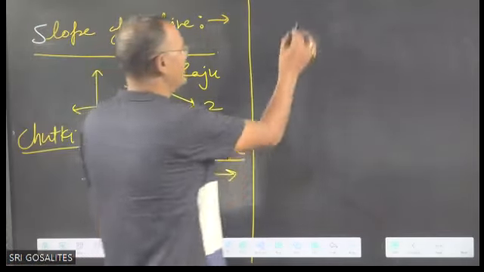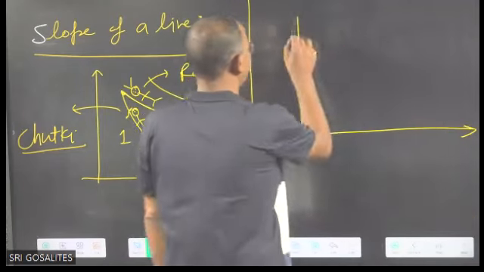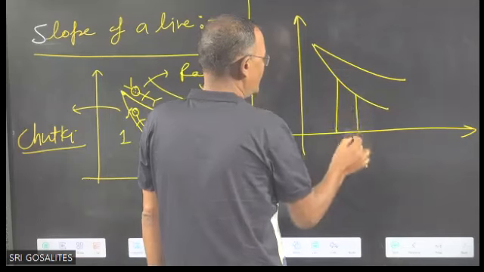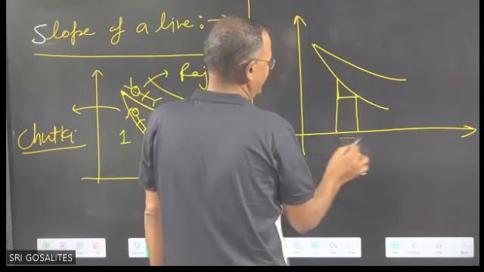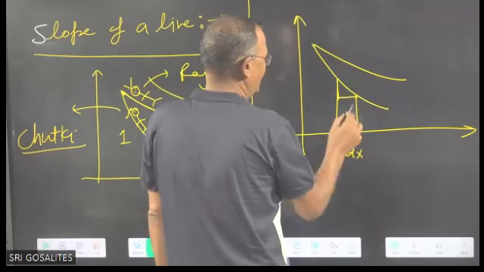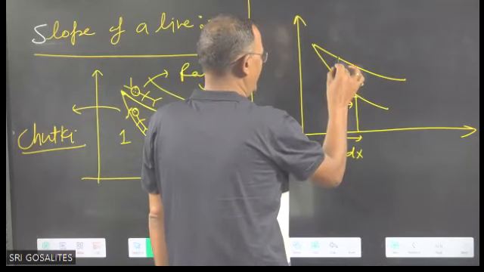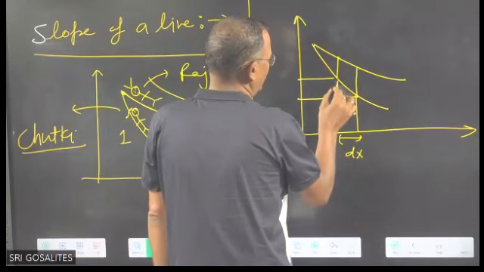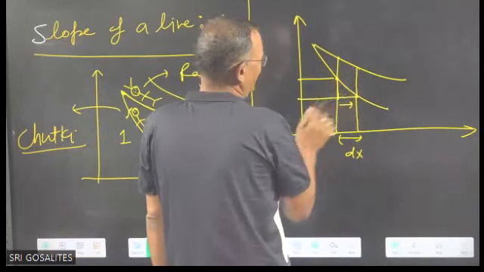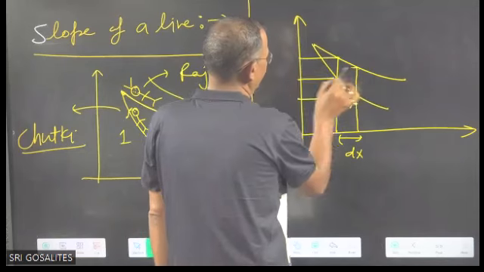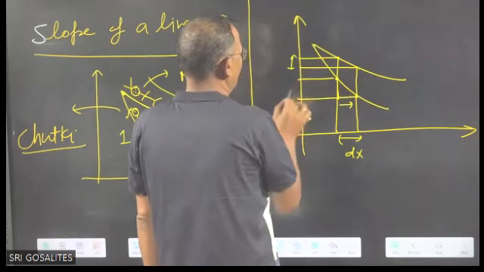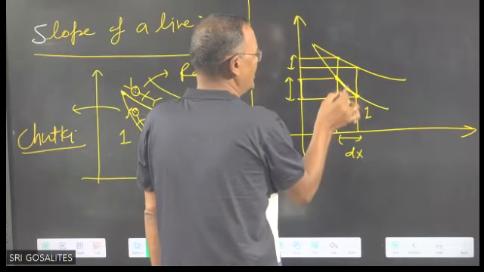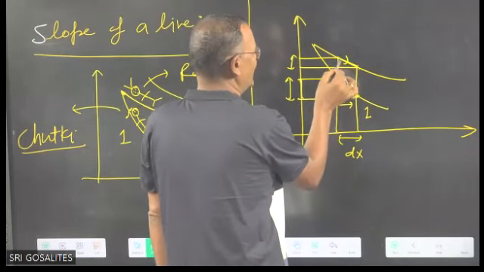Why? Because meaning is this. Suppose if I take the two curves, for a small change in x, same change in x, then for which is the change in y more? This is the change in y, and for this is the change in y, but for the first curve change in y is more, rapidly it is changing rather than this. कौन सा change ज़्यादा है बताइए?